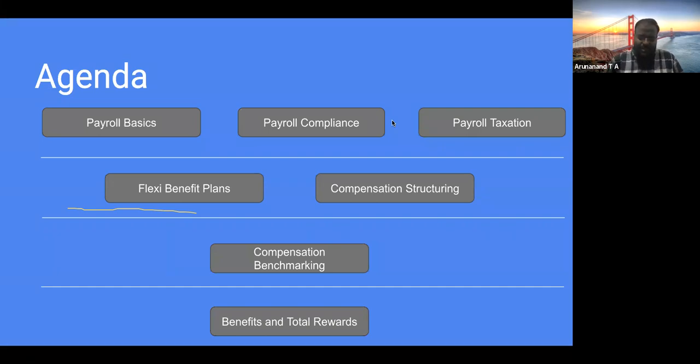But today I'm going to tell you some basic understanding of what payroll is, and how a payslip would exactly look in the industry, and on a higher level how benefits planning works in an organization. Specifically, I'm going to talk about an IT organization since I'm from an IT background.